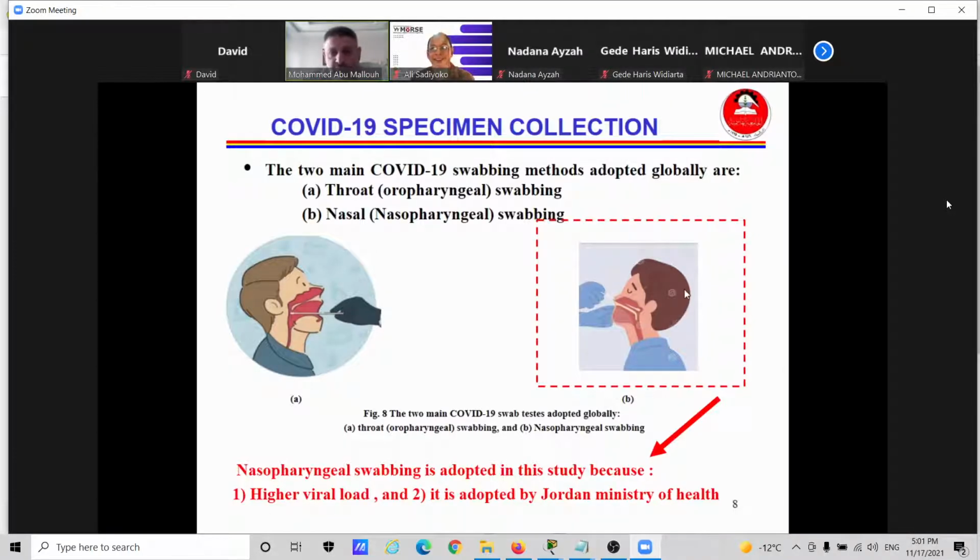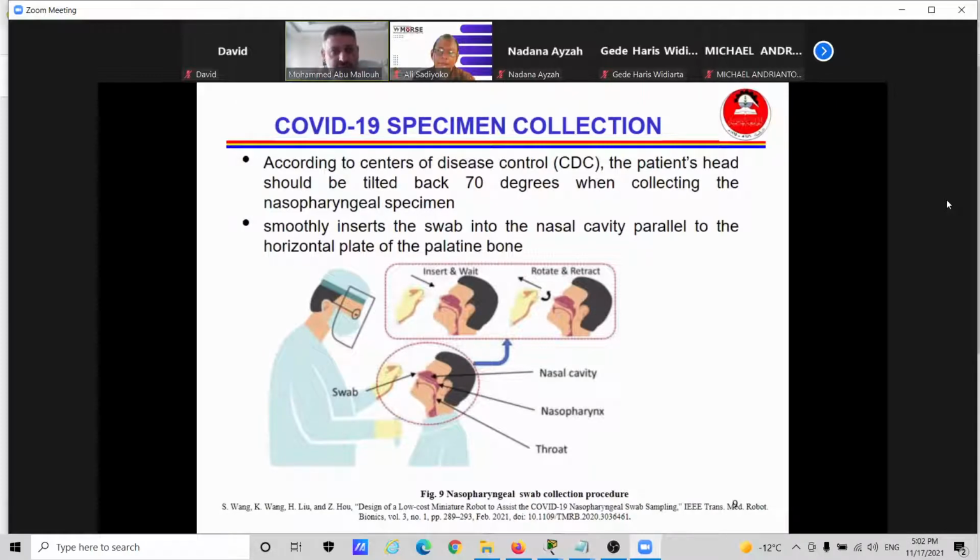At least in our work, we decided to go with the second type, nasopharyngeal swabbing, for two main reasons. First, literature shows that this method provides a higher viral load, which means it will most likely give more accurate results. The second reason is that in Jordan, the Ministry of Health has adopted this swabbing method. So this is why we chose to implement the swabbing this way.